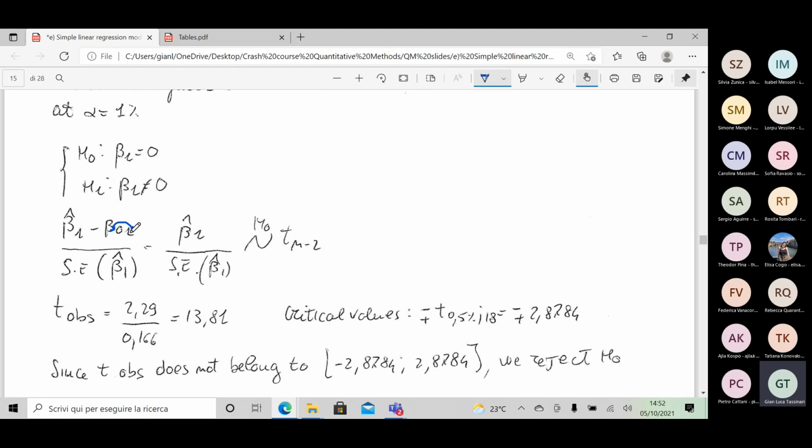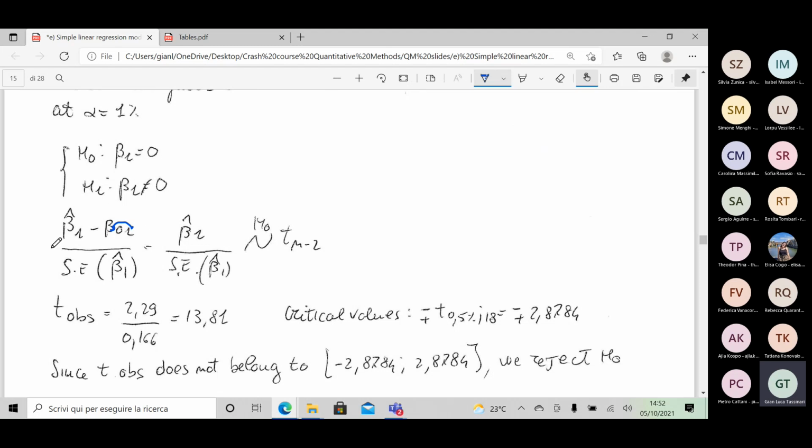The value of beta 1 under the null. So I prefer that you put the 1 in front of the 0, because previously I used beta 1,0. It means the value of beta 1 under the null, divided by the standard error of beta 1.